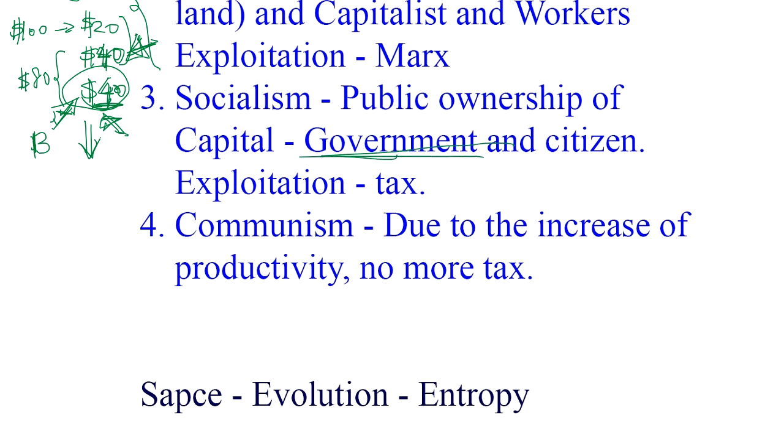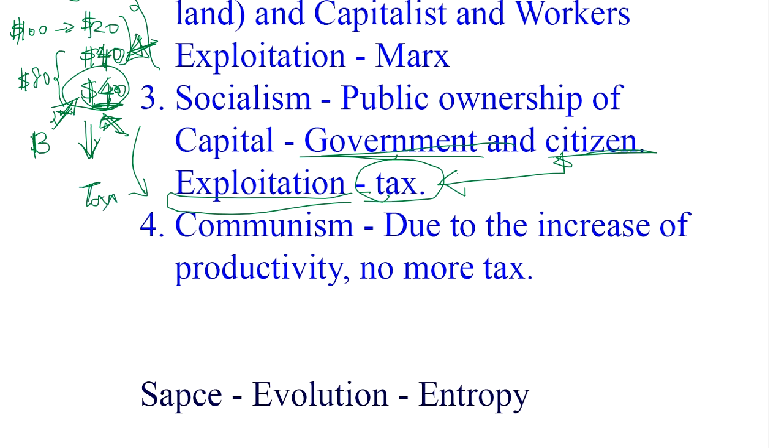It's only government and the citizens. And here exploitation is tax. Citizens still need to pay tax, but under the large productivity, the tax will be a very minor amount.